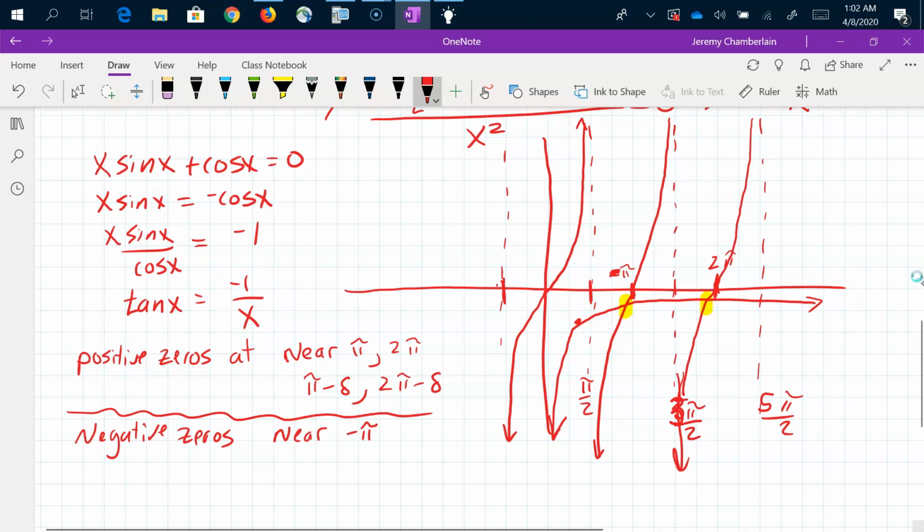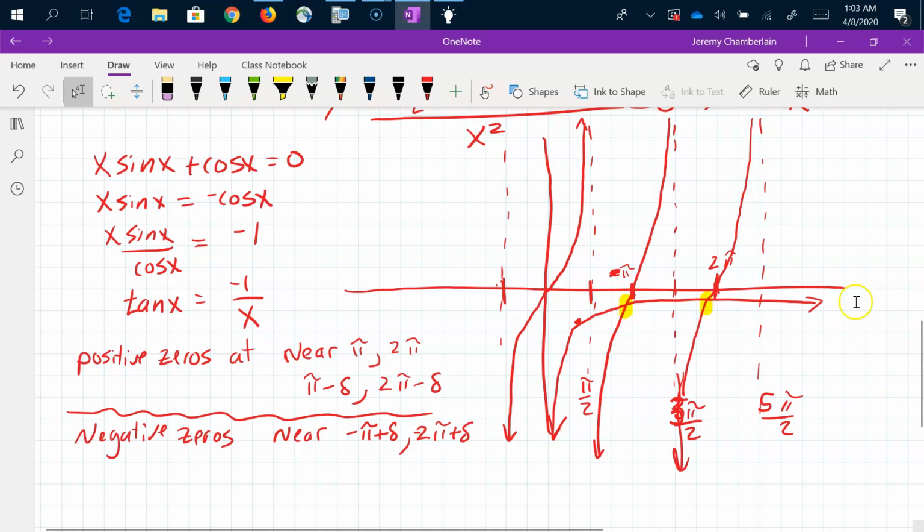So on the other hand, it will be minus pi, again, very close to minus pi, but not quite, plus a little delta, and 2 pi plus a little delta, so minus 2 pi. So we're going to have zeros very close to pi, minus 2 pi, and 2 pi. Those will be critical numbers.